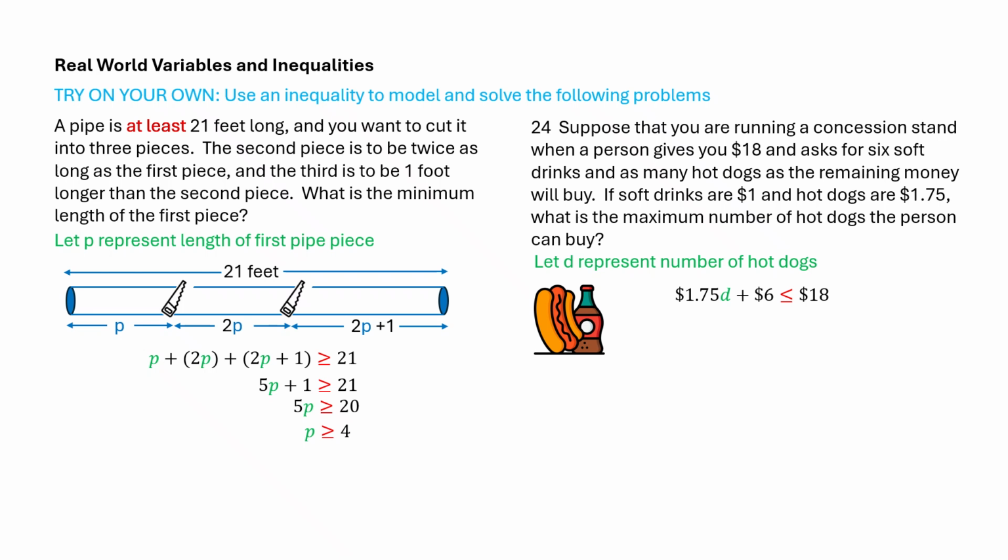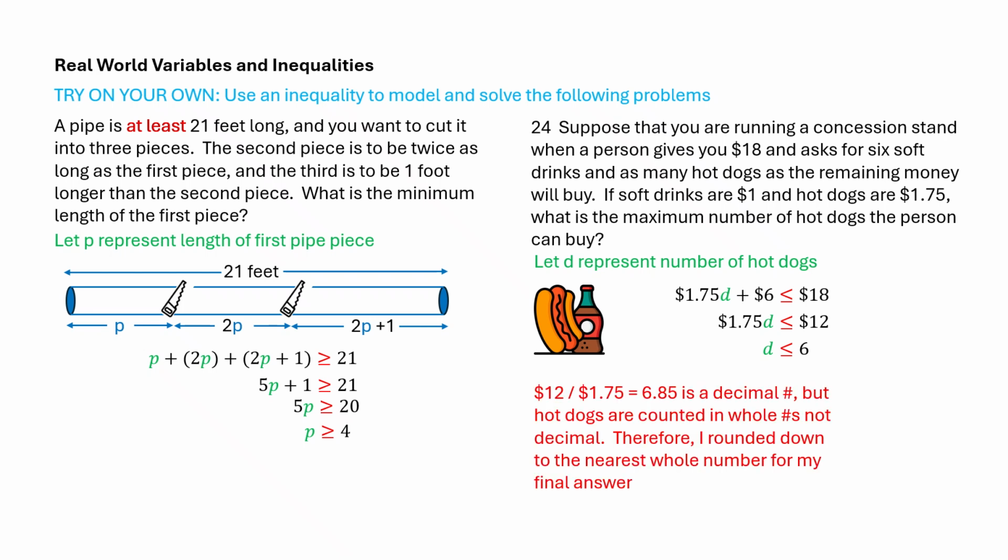Okay, so let's subtract 6 from both sides. And then we're going to divide 12 by 1.75. So we're going to get 6 or fewer dogs. A maximum of 6 dogs is how many we can purchase.